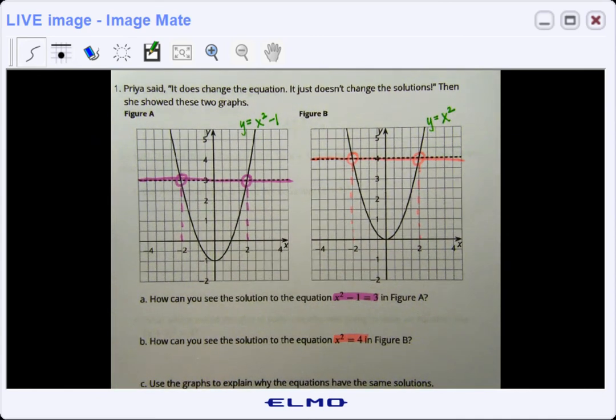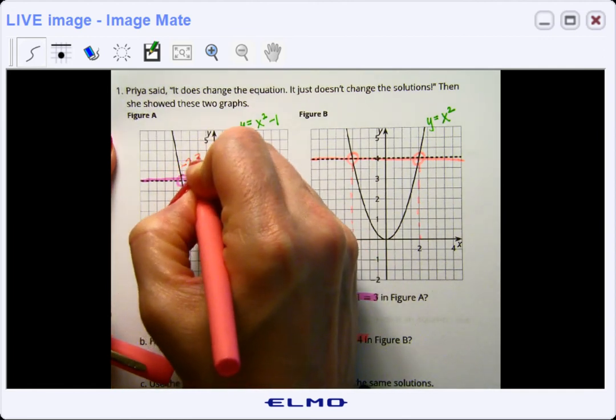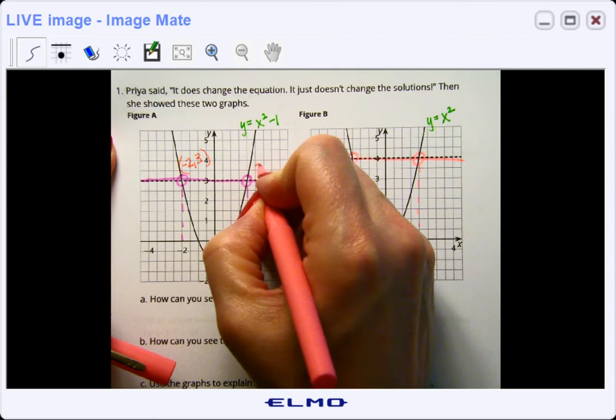Okay, so we do get the same solutions for x, but they're not the same points, right? Because we can clearly see this is negative 2, 3, and positive 2, 3.